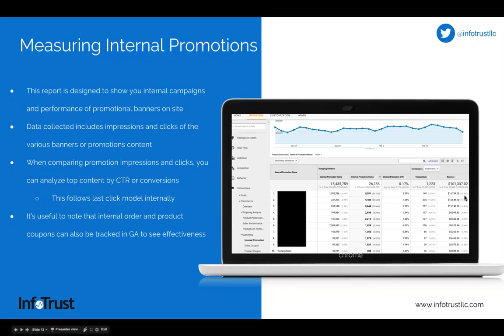Or as users click through the carousel to cycle through it, we would fire a list impression, internal promotion view, at that point. That makes the click-through rate a lot more accurate. Only when a user actually sees the promotion and clicks on it will that click-through rate be calculated. And then you can see how does that translate into orders or transactions as well.